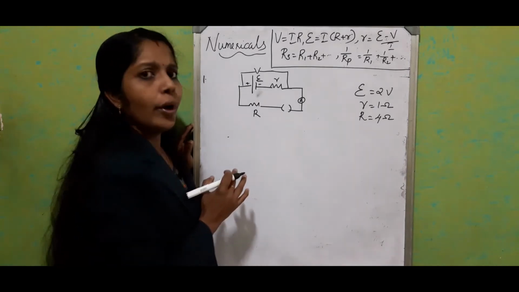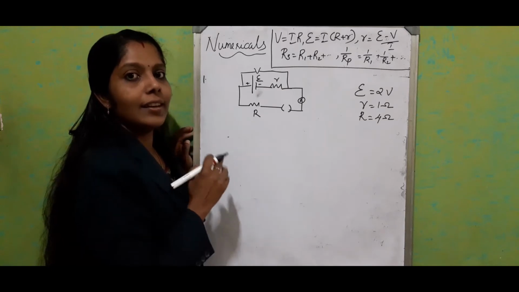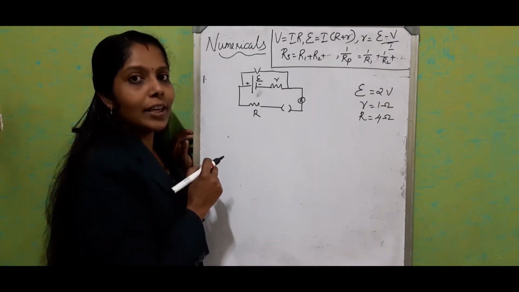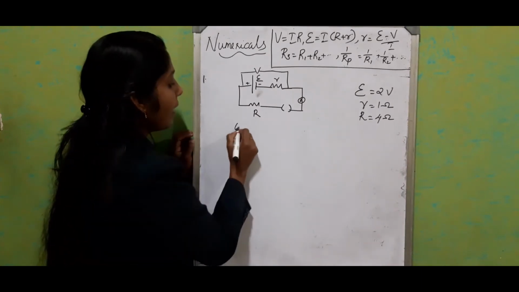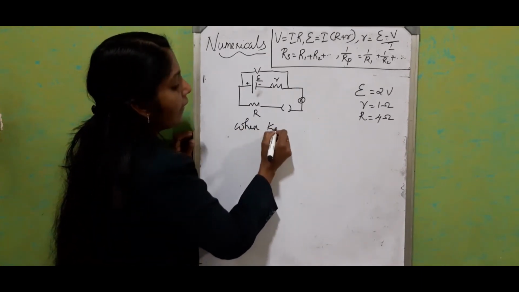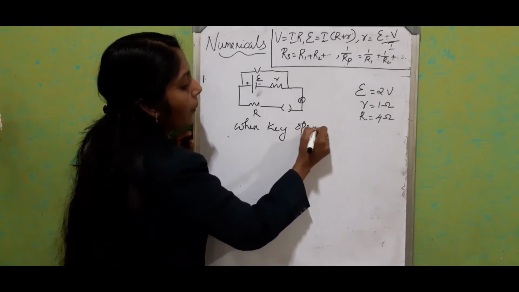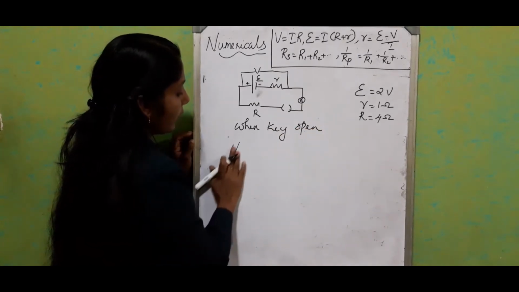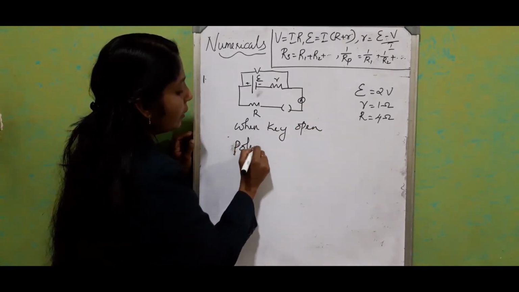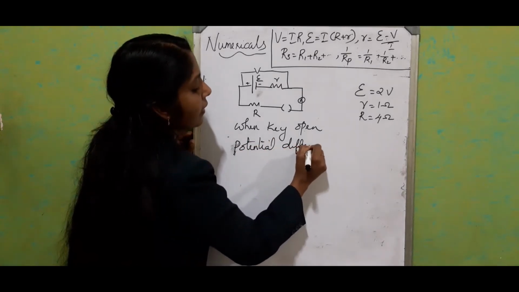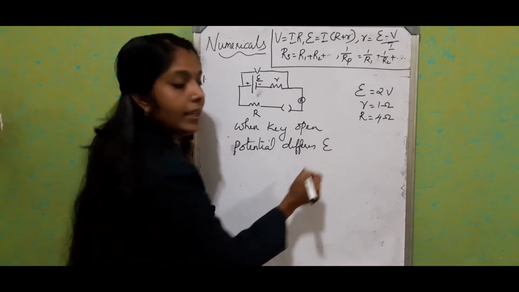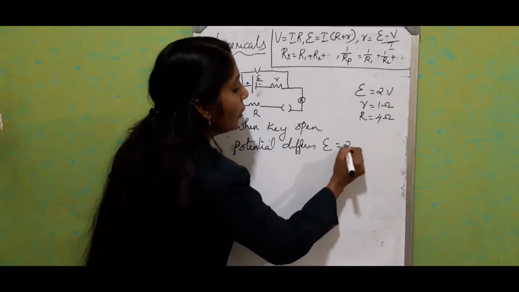Okay. Now in the open condition, what is the voltage available in the circuit? That is equivalent to 2 volt. Okay. When the key is open, the potential difference is epsilon itself, that is equal to 2 volt.